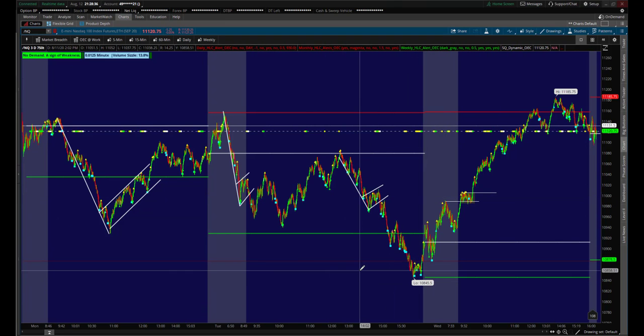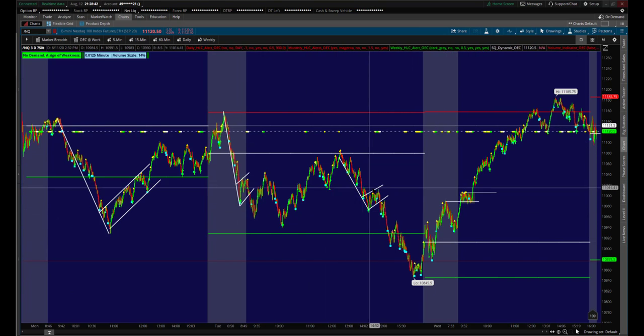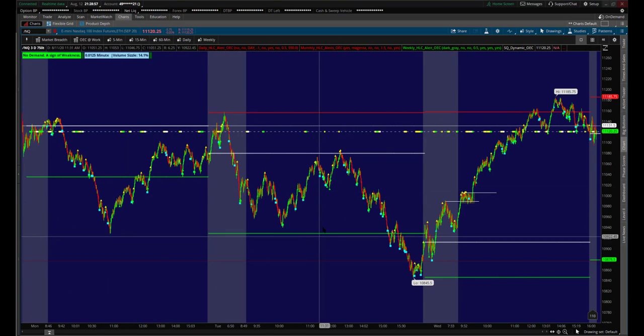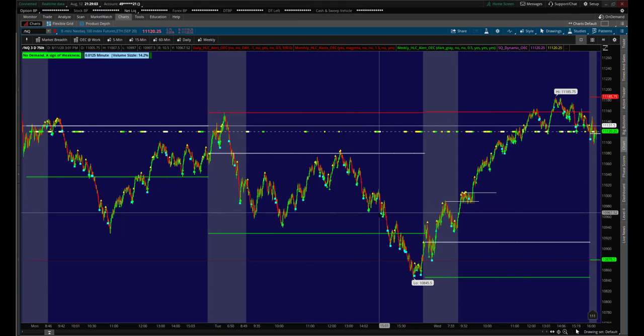Is there any difference? Notice that these trends have little bitty baby flags built inside of them. Why is that? A flag, a pendant, it's just a continuation pattern. It's just saying, hey, price is going to take a pause here. So it makes a move, it pauses to consolidate, and then it continues on.